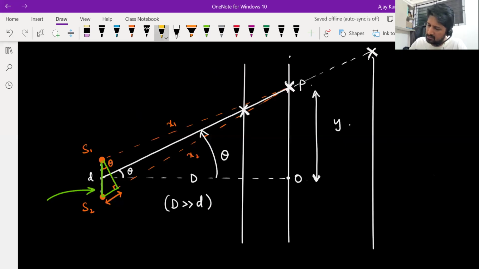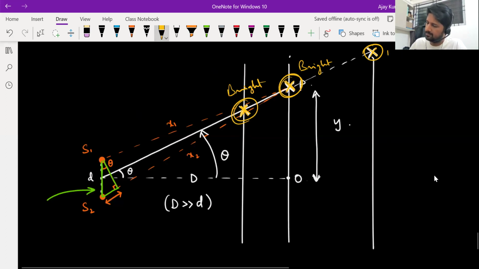At these 3 points, let me mark them in yellow, the same kind of interference will take place. What I mean is, suppose P is the third maximum, means you are getting a bright band here. Then even if you bring the screen closer, at that angle on the screen, you will see the same bright band.